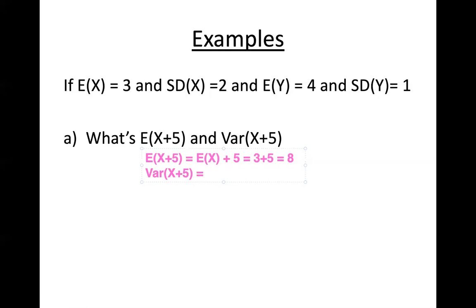The variance, this one's a little bit trickier. First off, they give me in the problem the standard deviations. So let's find the variance, because I know that is what I need for those properties. Variance would be the standard deviation squared. So that is 4 for X. And the variance for Y is 1 squared, which is just 1.